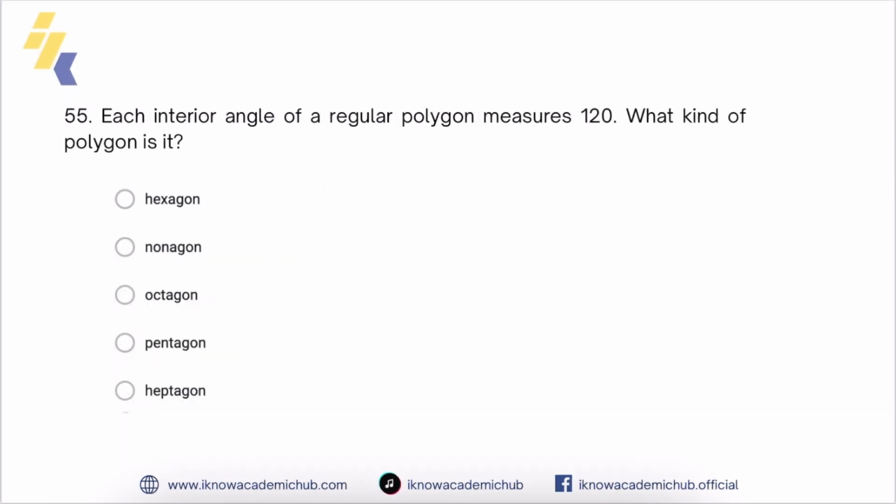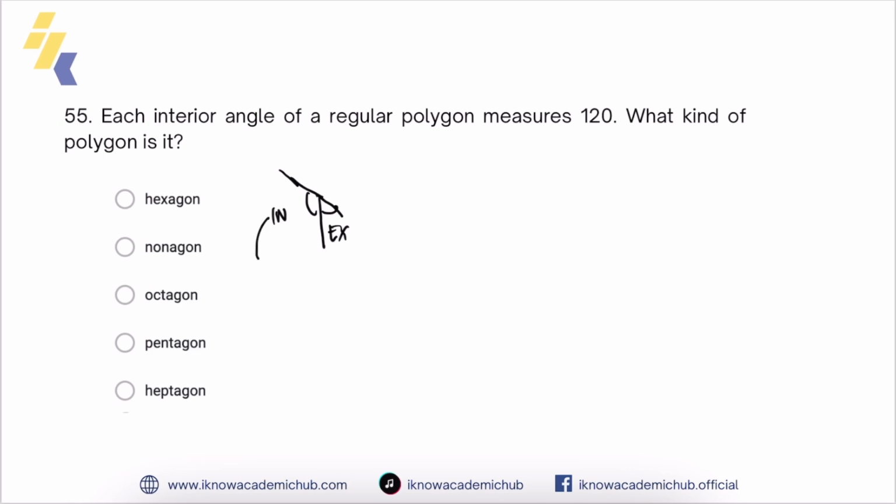55. Each interior angle of a regular polygon measures 120 degrees. What kind of polygon is it? Now let us draw a part of a regular polygon. So we have here, and this is the interior angle, and this is the exterior angle.